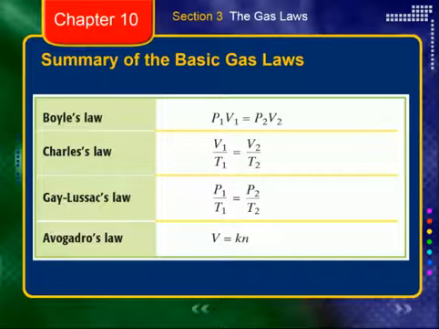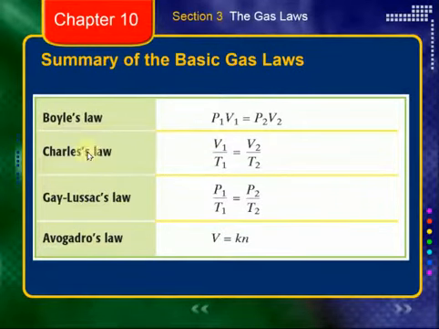Now, here are the major laws that have to do with gases. Now, we have not gone over Avogadro's law yet. We're actually going to save that for chapter 11, but we are going to go over this, and you can rearrange this in the exact same way you can rearrange Boyle's law.